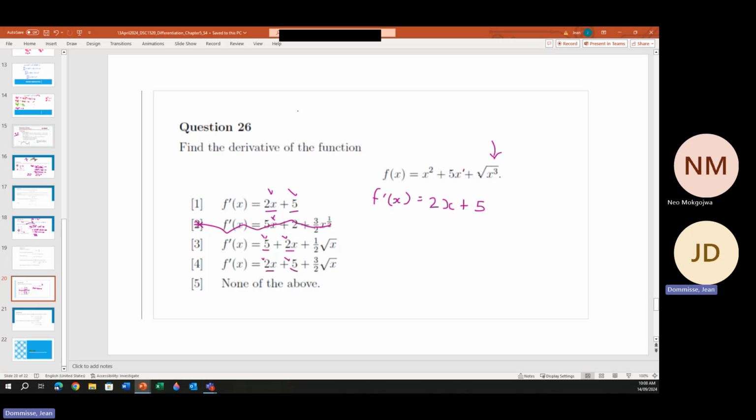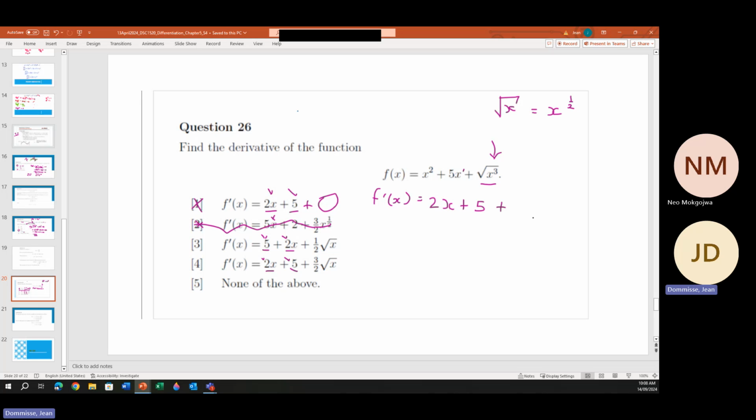Okay, so then we need to differentiate this one. So that automatically tells me that we will have another. So that's why we can also nearly eliminate the first option. Okay, so when we get this, I will first rewrite that. So remember, if I had just the square root of x, it would have been x to the power of a half.